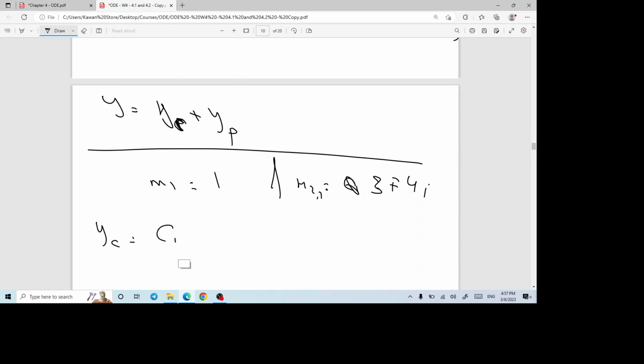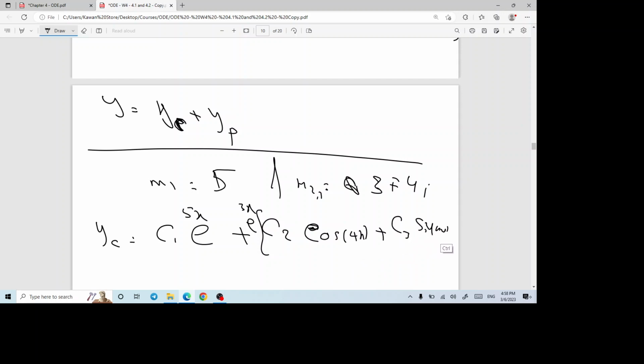C1 e to the power x. Let me change that to 5. Plus C2 e to the power 3x cosine 4x plus C3 e to the power 3x sine 4x.